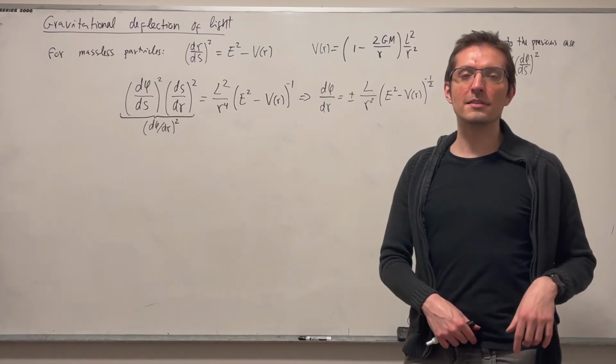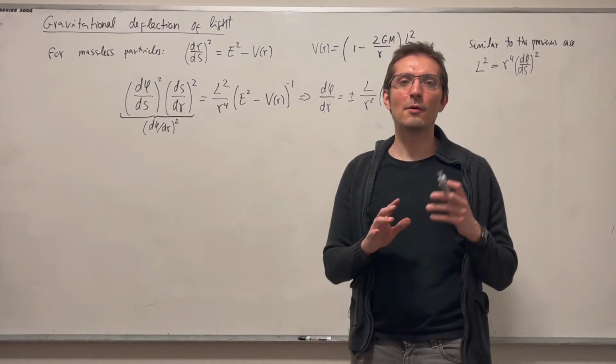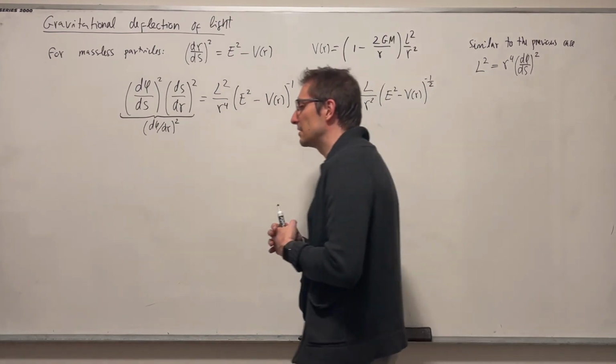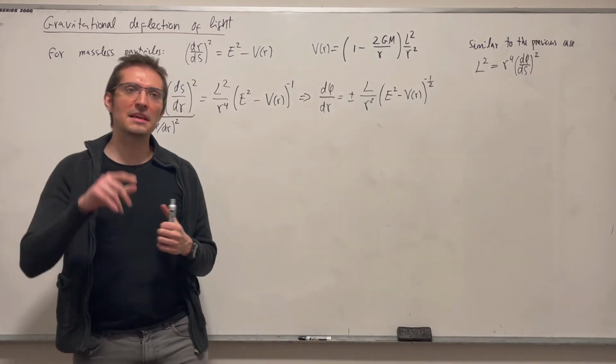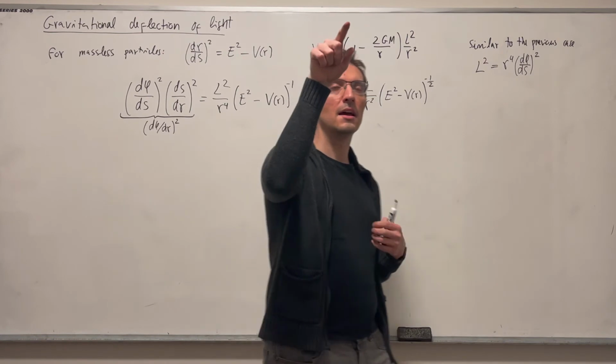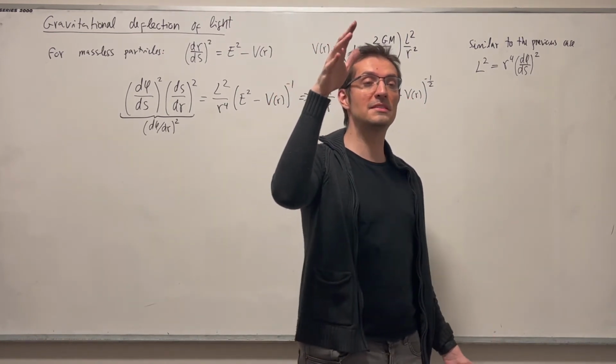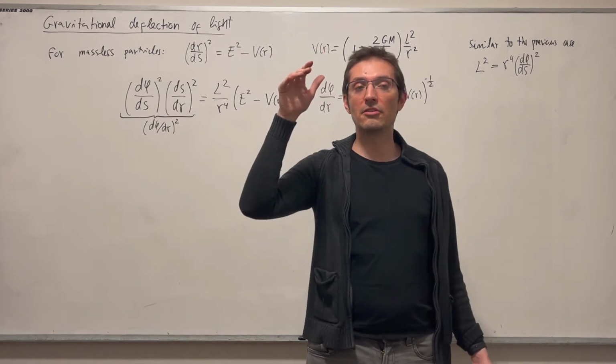All right, so this is a problem that was the first falsifiable prediction of general relativity. Einstein predicted that during an eclipse, there's going to be a star that shouldn't be seen. If Einstein's theory was not correct, the star should not be seen if we go with Newtonian gravity.